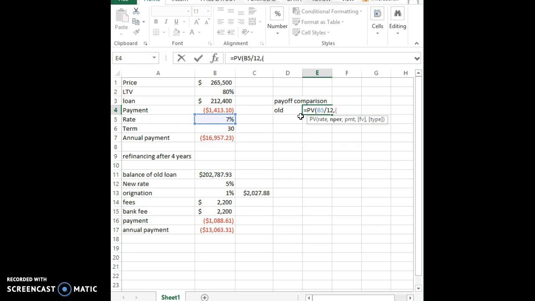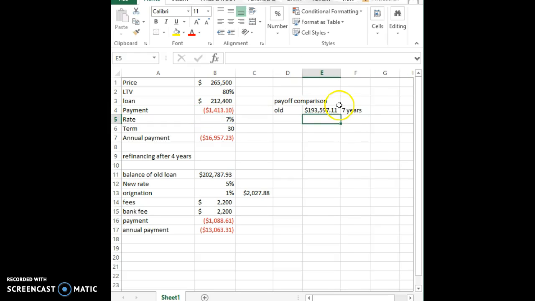We're going to take 30 years, subtract 3, times 12, comma, and the payment is going to be $1,413.10. And you should get $193,597.11.